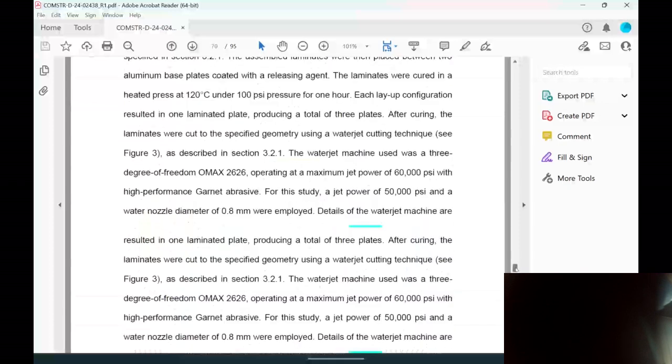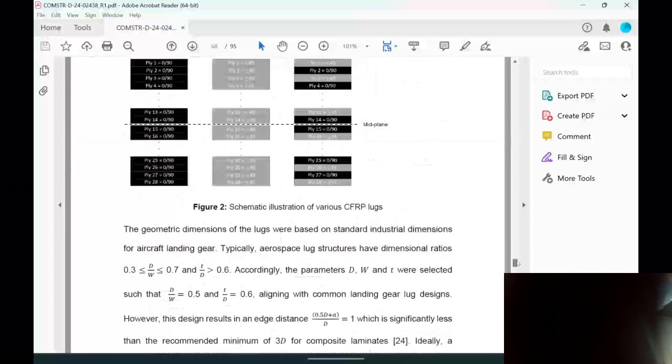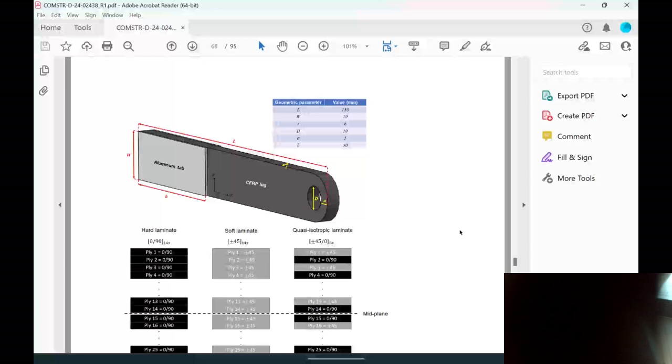This is a simple lug. You see it in landing gears. You use it in any engineering application. You've got a straight-sided lug. You see these kinds of structures in the automotive industry, suspension systems, and landing gear. You've got a massive wall, and a hole which is quite considerable. The size of that hole is considerable compared to the other dimensions.